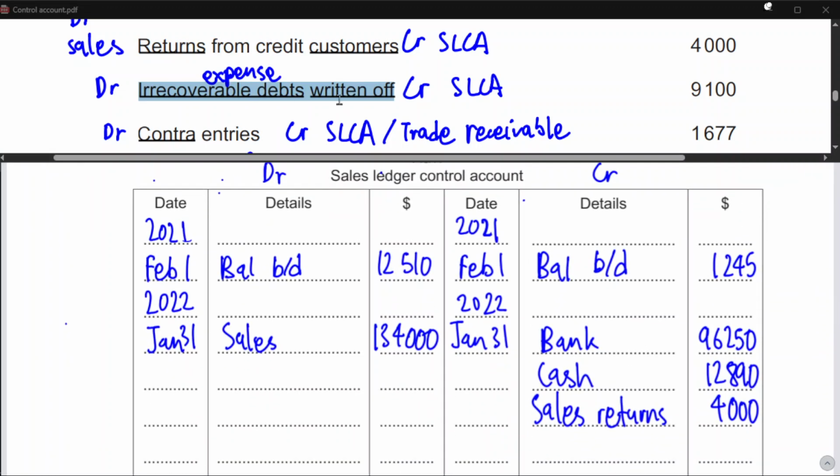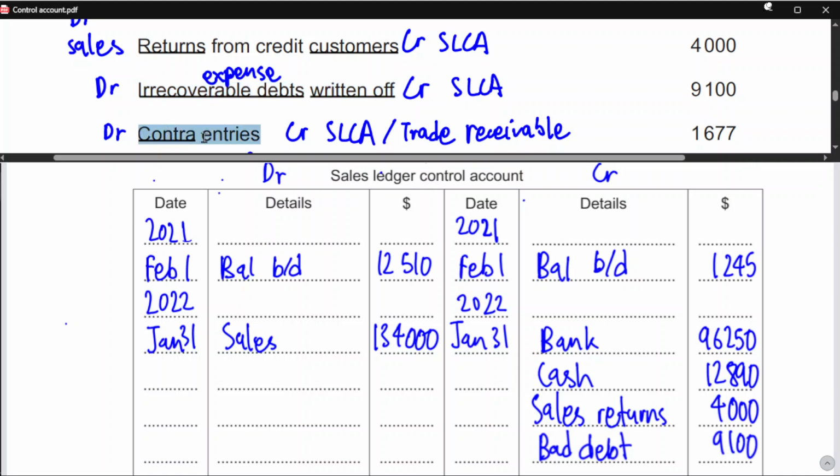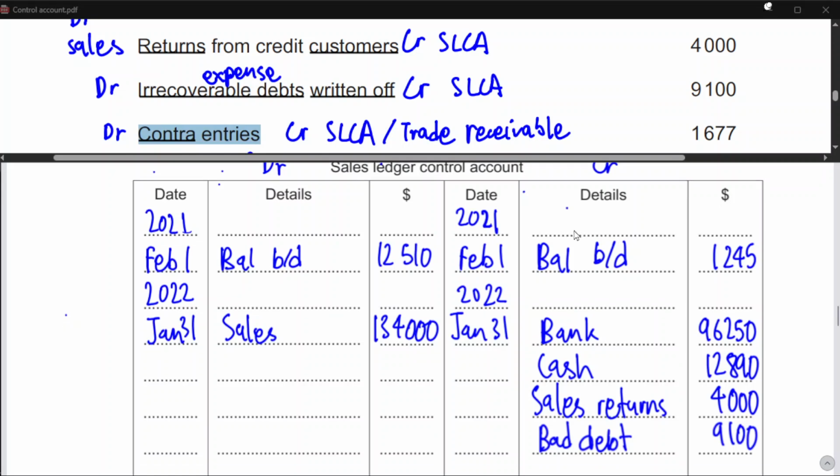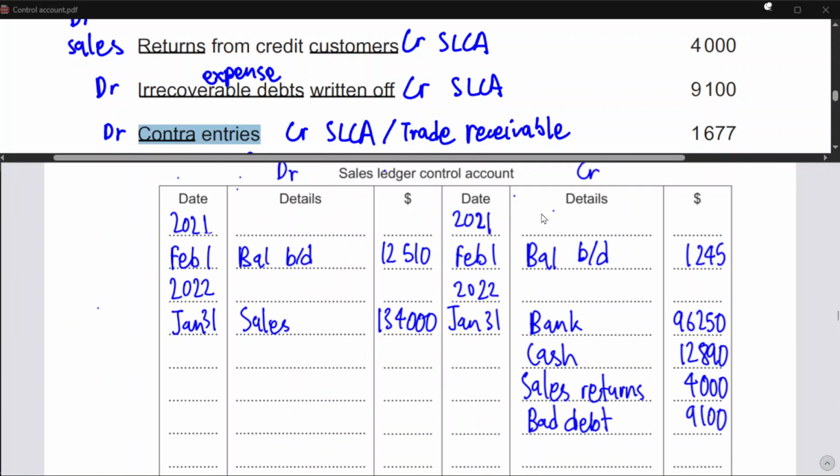Okay. SLCA credit bad debt. Okay. Next line. SLCA credit control.